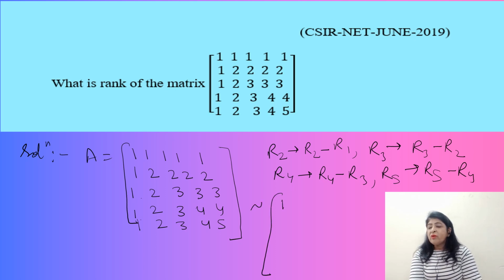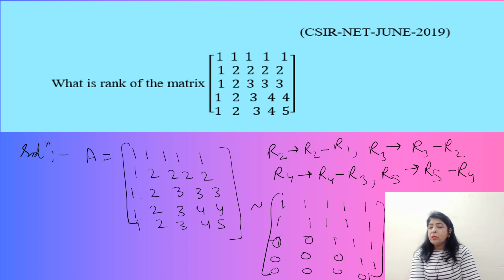It becomes 1 1 1 1 1, then 0 1 1 1 1, then 0 0 1 1 1, then 0 0 0 1 1, then 0 0 0 0 1.